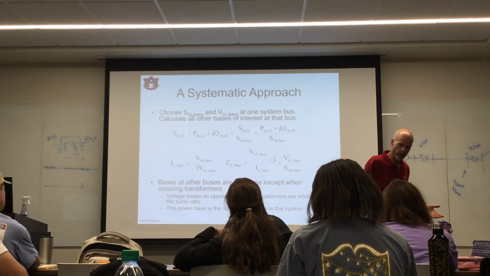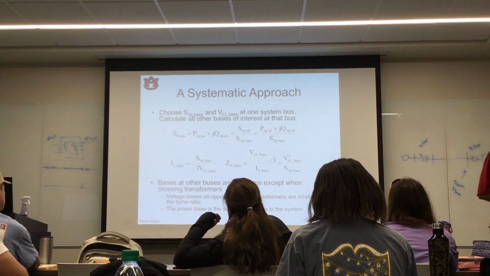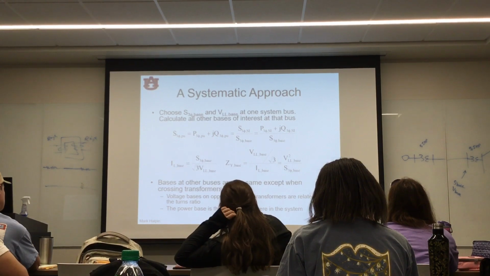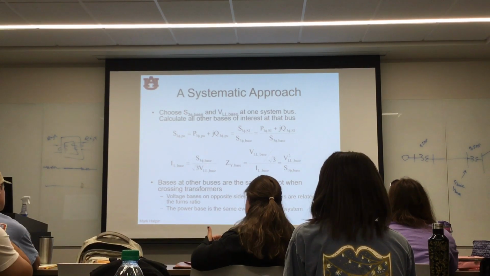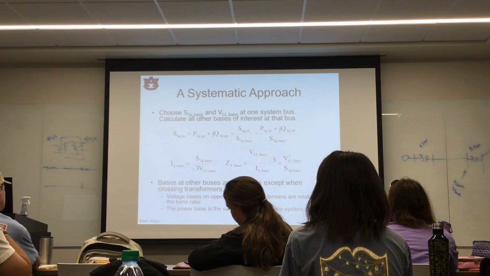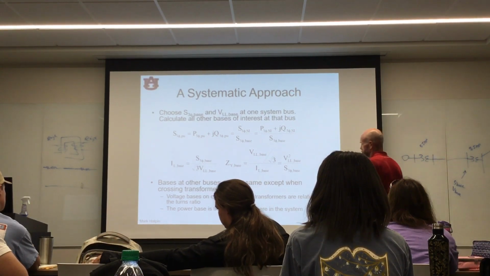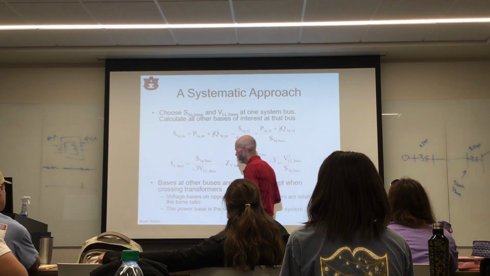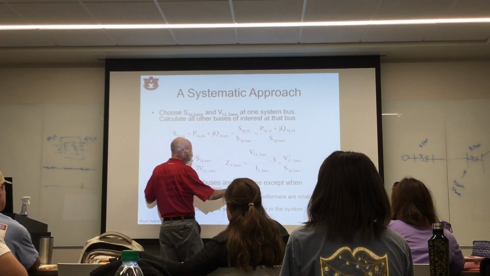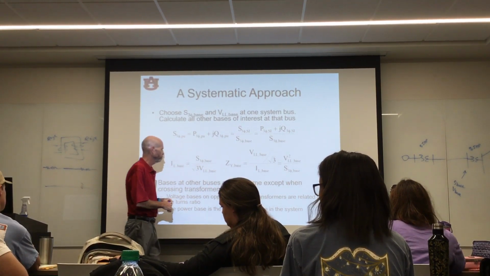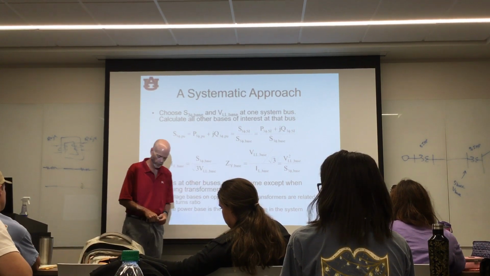We just have Z base. We don't talk about a P base. We don't talk about a Q base. We just talk about S base. Okay? All right, so make sure you keep up with that. Now, this right here is one of the little formulas that we use all the time. This one right here in particular.